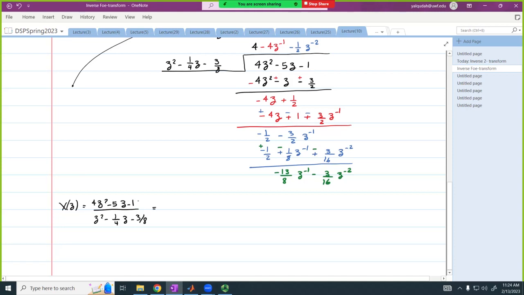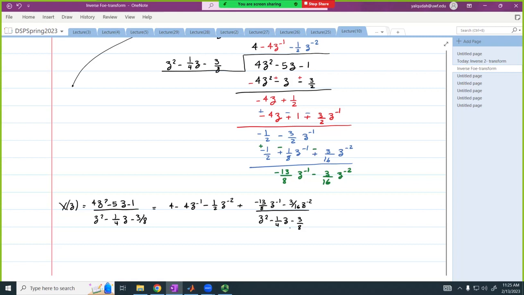This is equal to 4 minus 4z to negative 1 minus 1/2 z to negative 2 plus negative 13 over 8 z to negative 1 minus 3 over 16 z to negative 2 divided by z squared minus 1 over 4z minus 3 over 8. Agree? This is what this division is, the quotient remainder.